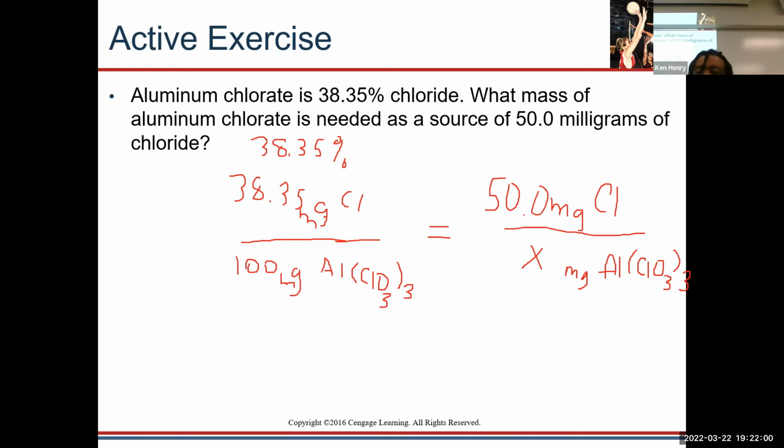So I'm going to get X by itself, so I'm going to multiply both sides by X. So your X is going to cancel out. And then I want to get rid of this and bring it over to the other side.